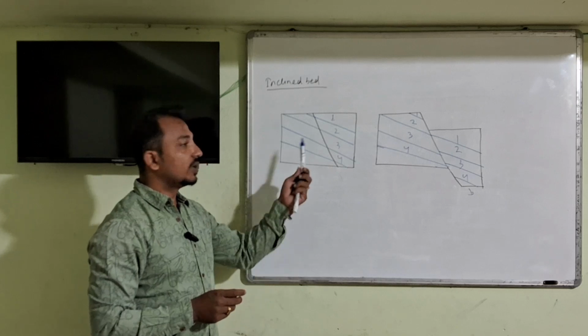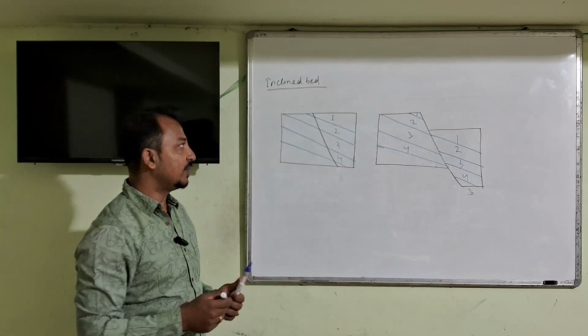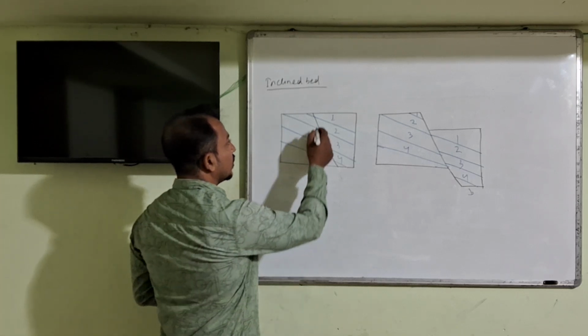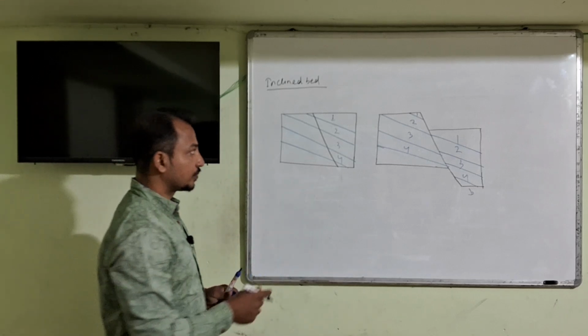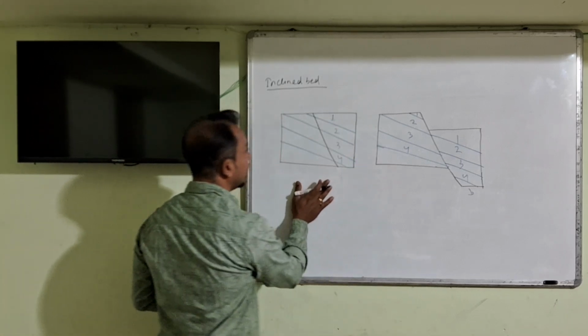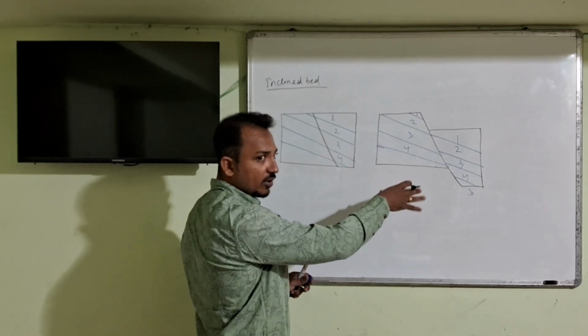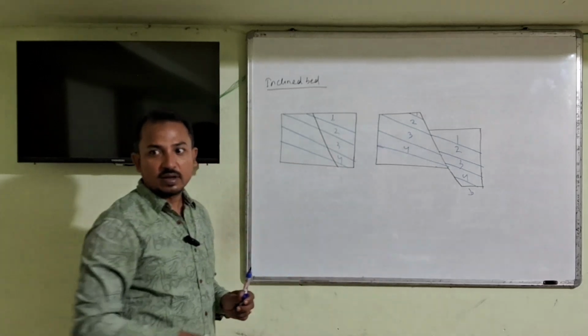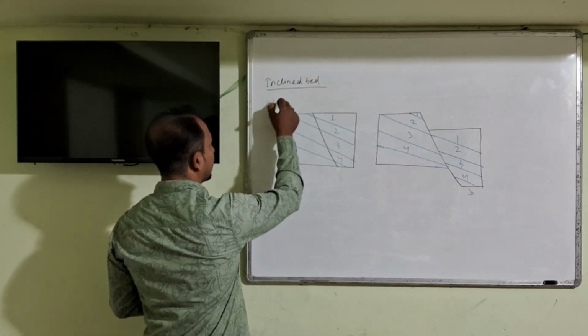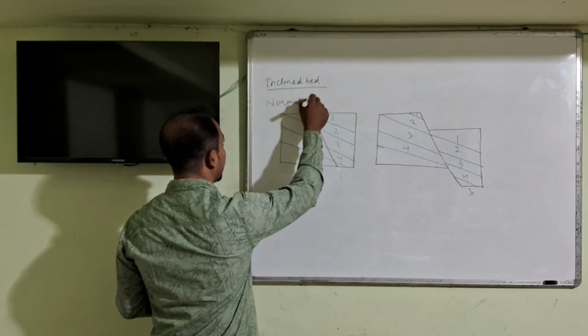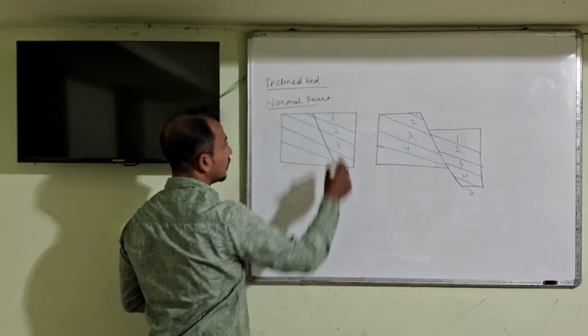So in case of an inclined bed, after erosion, how will it affect the block? So this is an inclined bed, 1, 2, 3, 4. It has undergone faulting. It is a normal fault. So if an inclined bed first undergoes normal fault, then what will happen?